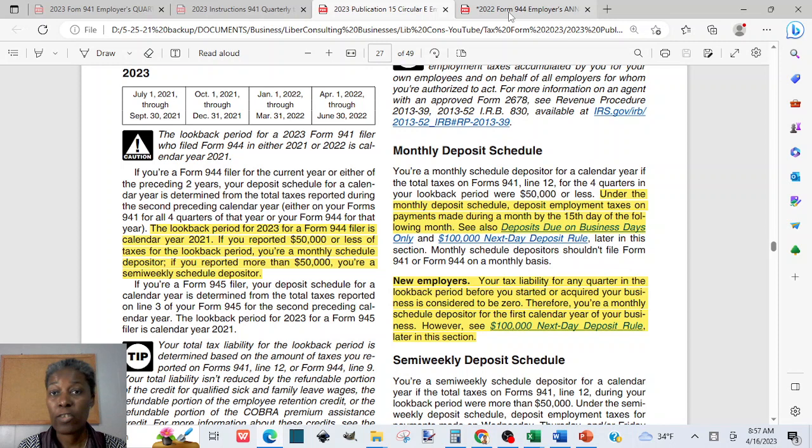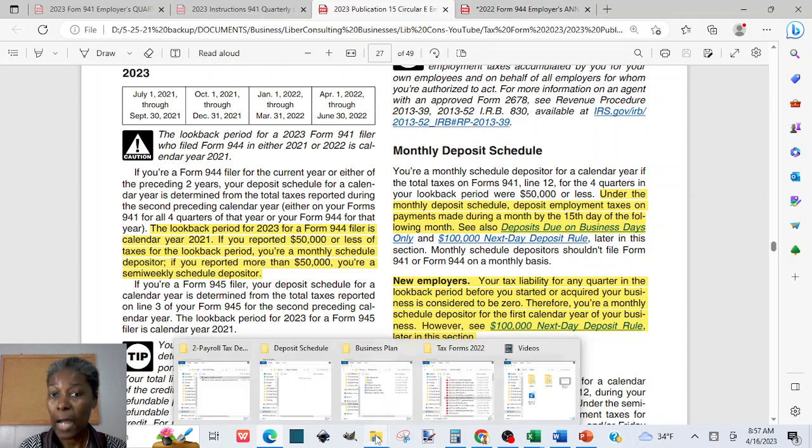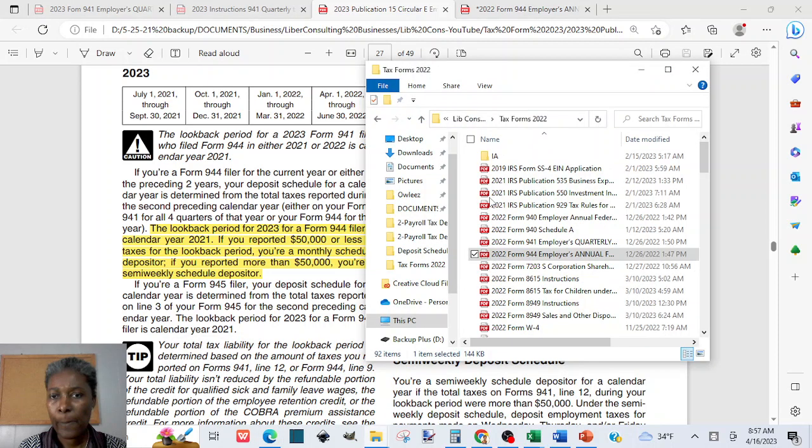And the instructions for Form 944 will have some information as well. Let's see if we have the instructions here.